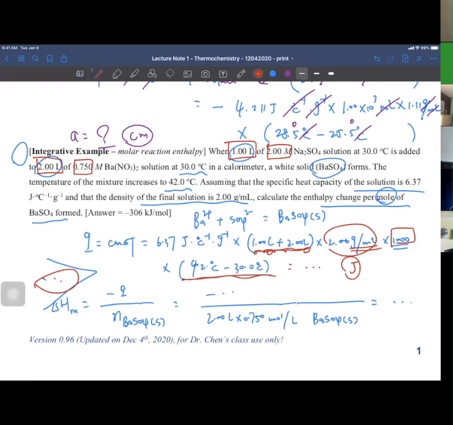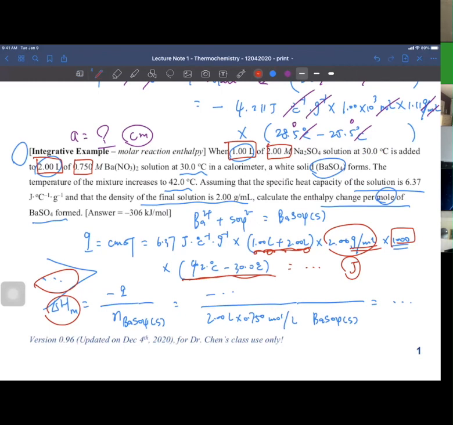But actually, when the temperature is increasing, it means the reaction is exothermic. Am I right? Exo means it releases energy, and that means the delta H is negative, because the energy released from the system actually is the heat absorbed by the solution, right? The reason why the temperature of the solution will increase is exactly because the heat is released from the reaction system.